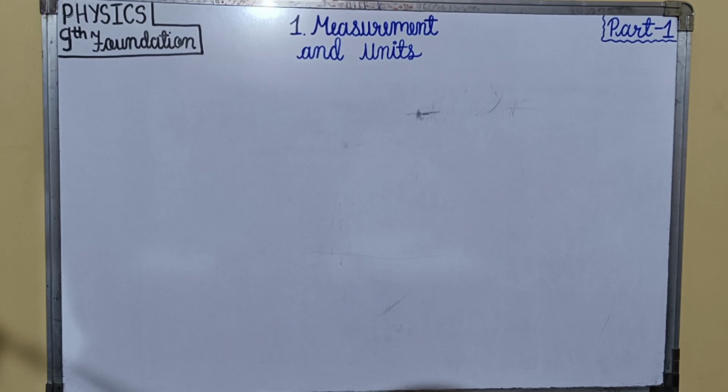In this part we'll learn the introduction of measurements, what are units, the relation between measure of a physical quantity, its magnitude and the magnitude of its unit. Then we'll see some conclusions and we'll solve a question based on it. So let's start.